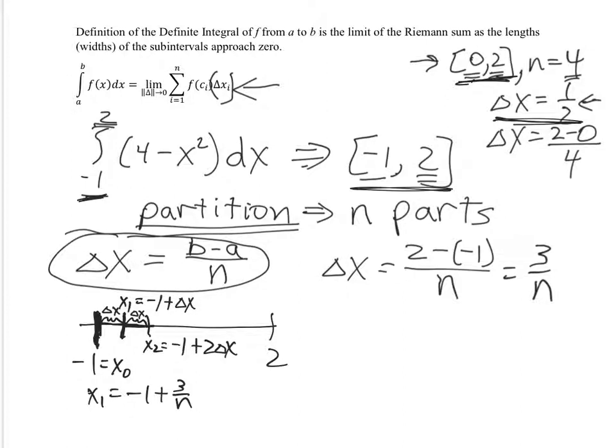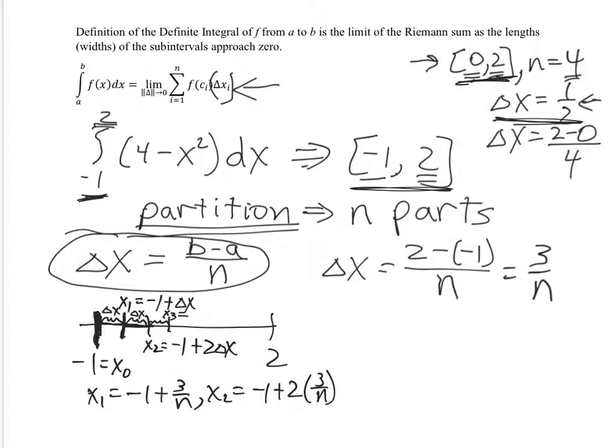Or, in particular, x sub 2 would be -1 plus 2 times the delta x for this problem, which is 3 over N. Well, let's keep going. We'll do one more here and then try to generalize it.